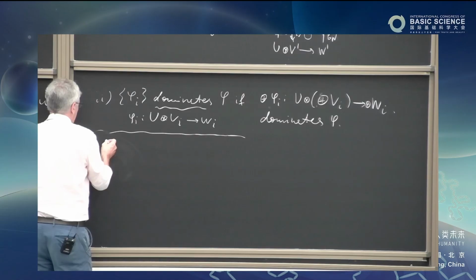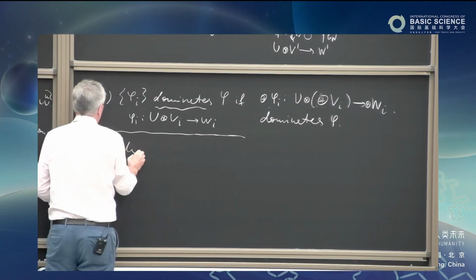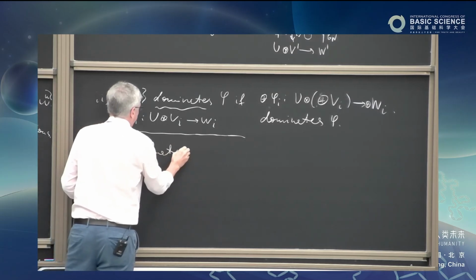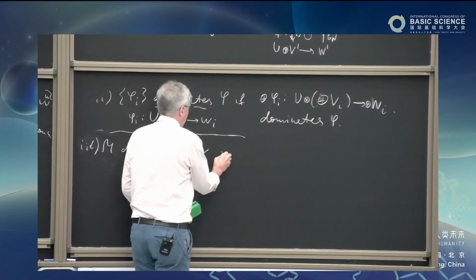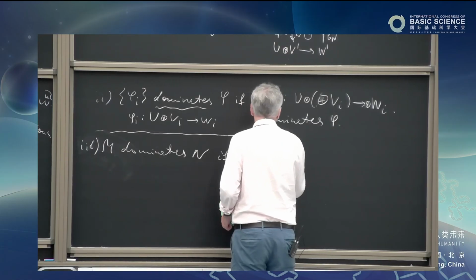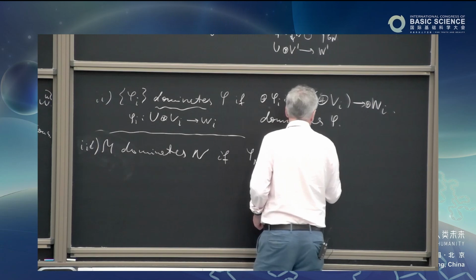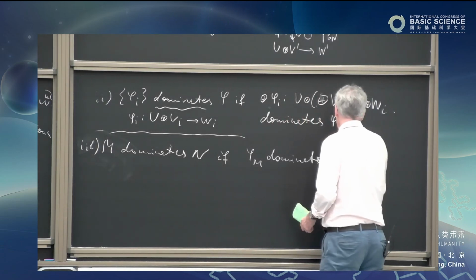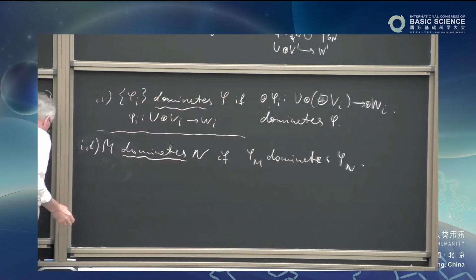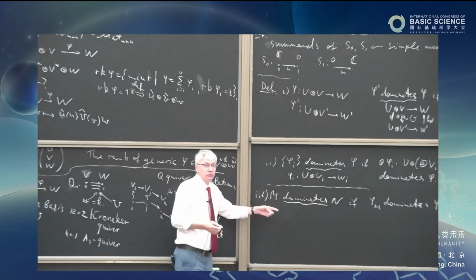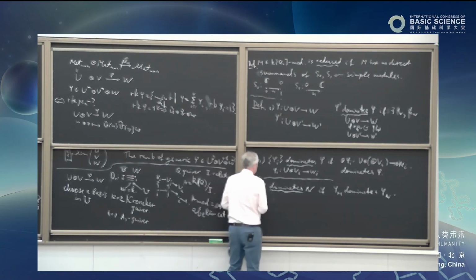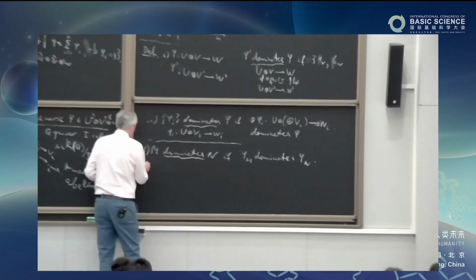So we say M dominates another module N if the corresponding tensor phi M dominates the corresponding tensor phi N. So it's about domination of modules. And I want now to categorically interpret this domination in terms of representation theory.